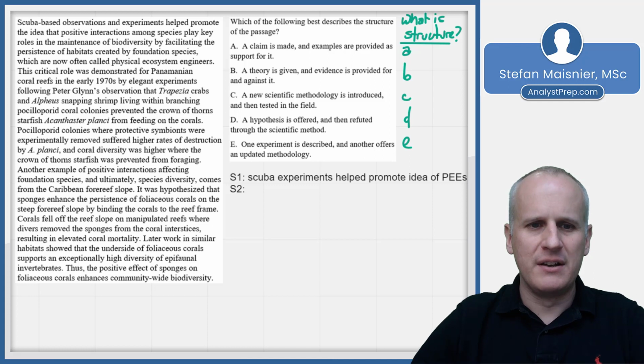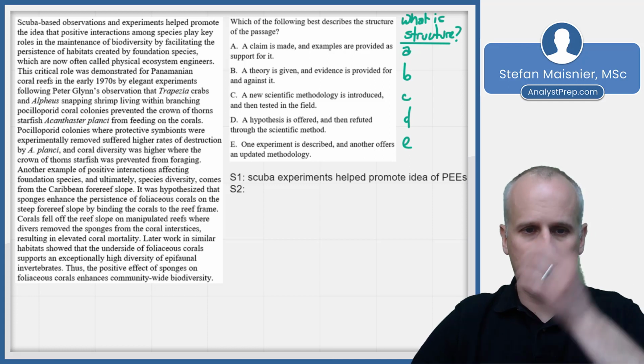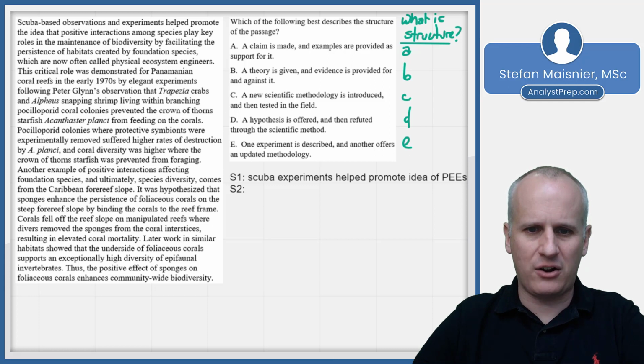So then sentence 2: this critical role was demonstrated for Panamanian coral reefs in the early 1970s by elegant experiments following Peter Glynn's observation that T crabs and A snapping shrimp living within branching pea coral colonies prevented the crown of thorns starfish, AP, from feeding on the corals.